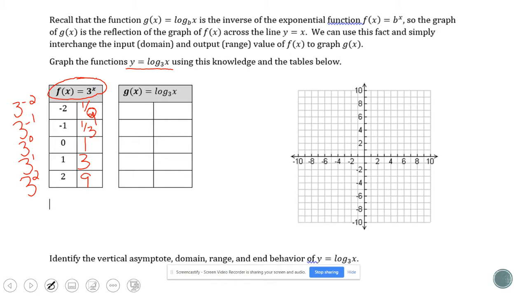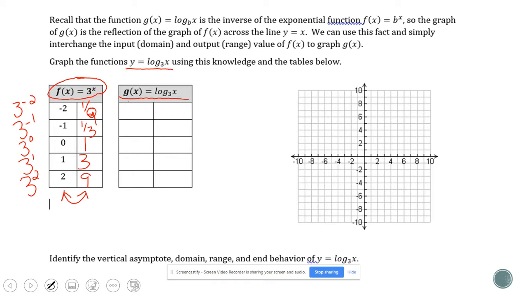We use these sets of ordered pairs to make the ordered pairs that we need to graph log base 3 of x. Because inverses are opposites, and remember we swap the x and y values to find the inverse, we swap our x and y coordinates to find the coordinates we need for our new graph.